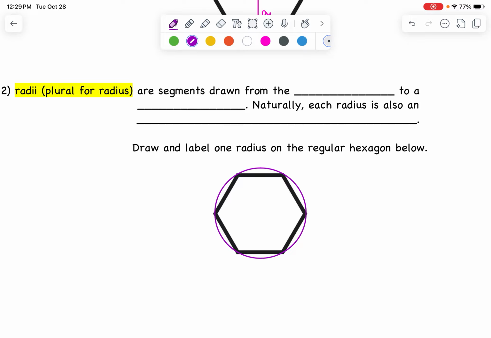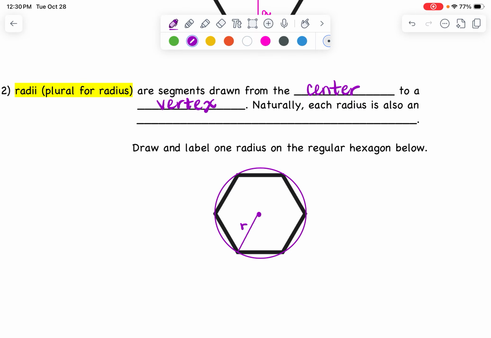And whatever the radius of the circle is, that is also the radius of the pentagon, or the polygon, in this case, hexagon. So a radius is drawn from the center to a vertex. Notice that's also the radius of the circle, right? Because I've gone all the way to the edge, right? So a radius is a segment drawn from the center to a vertex. All right, so I'm going to put an R for radius.